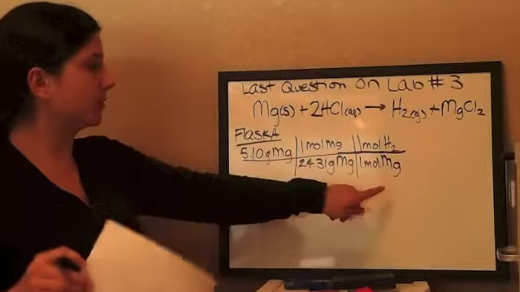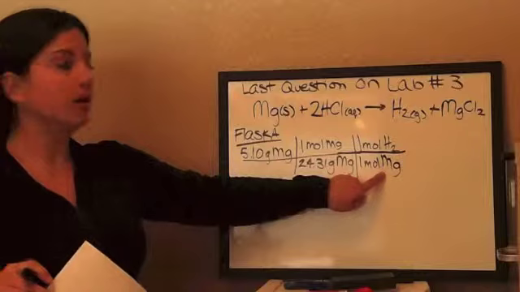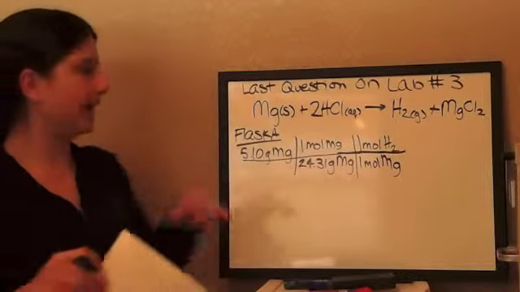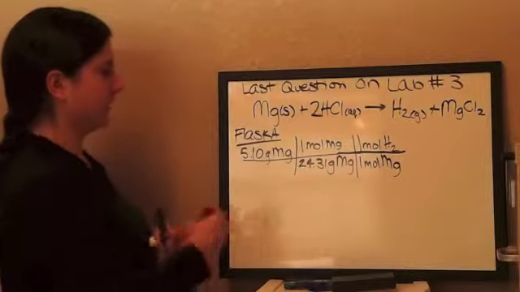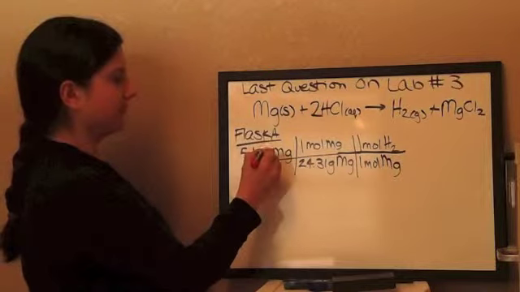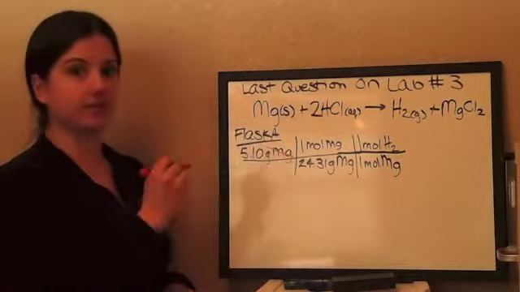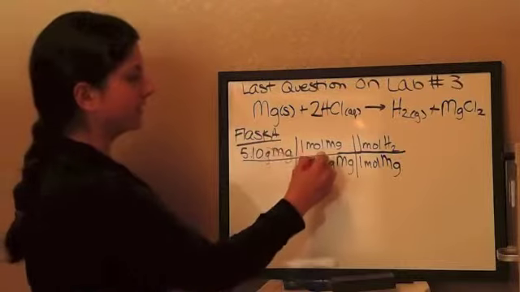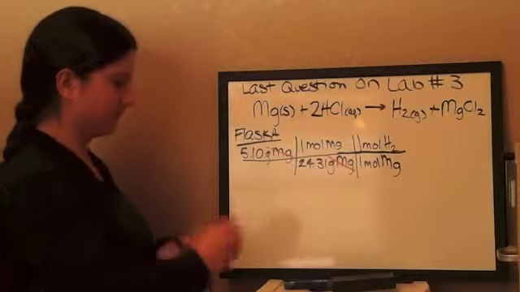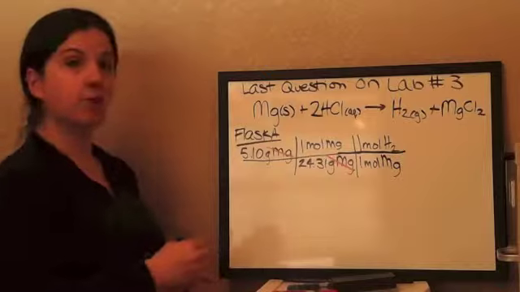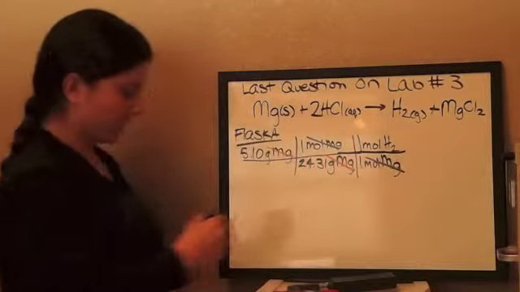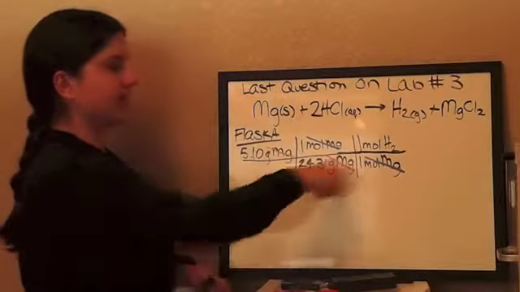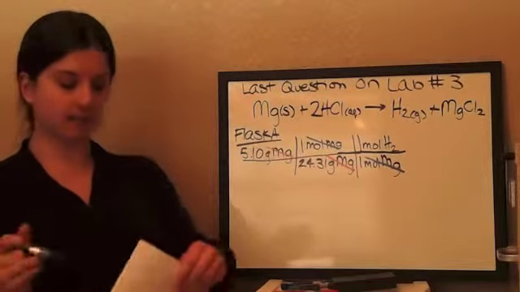I have the moles of magnesium on the bottom because our units are going to cancel out. We have grams of magnesium that we're going to be able to cancel out, and the moles of magnesium are going to cancel out. We're left so far with moles of hydrogen gas.